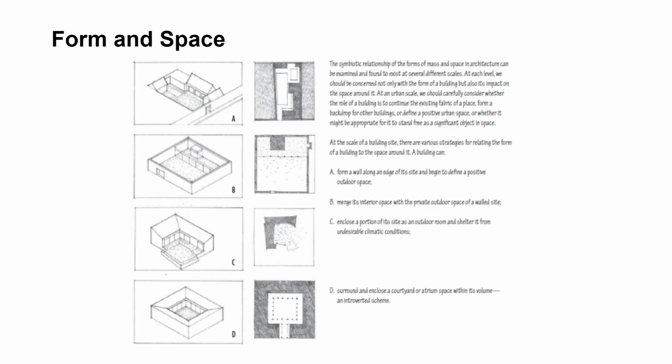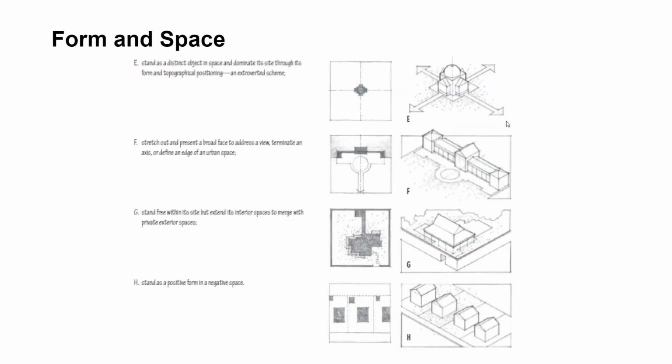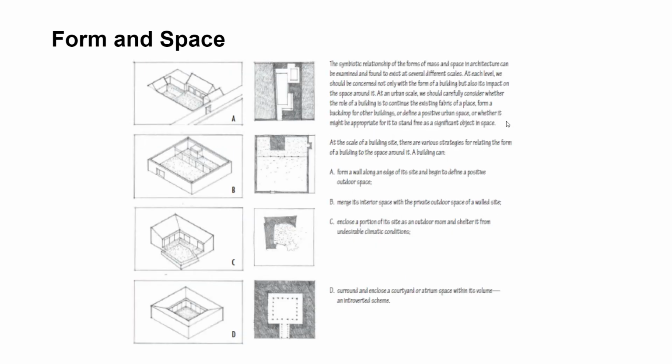You can merge its interior space with the private outdoor space of a walled site, enclose a portion of its site as an outdoor room and shelter it from undesirable climatic conditions, and, D, surround and enclose a courtyard or an atrium with its volume.